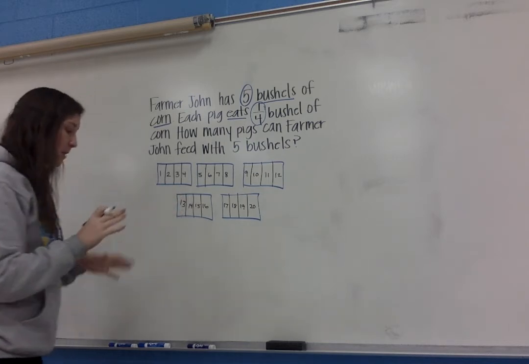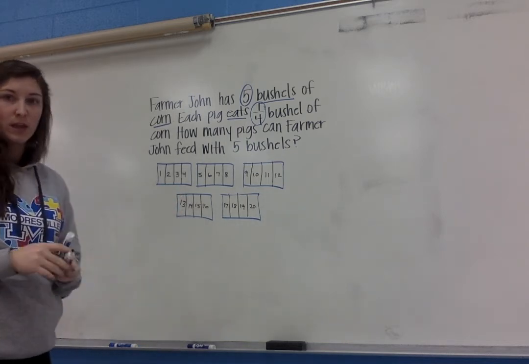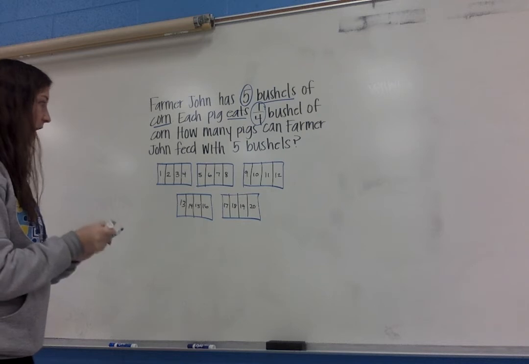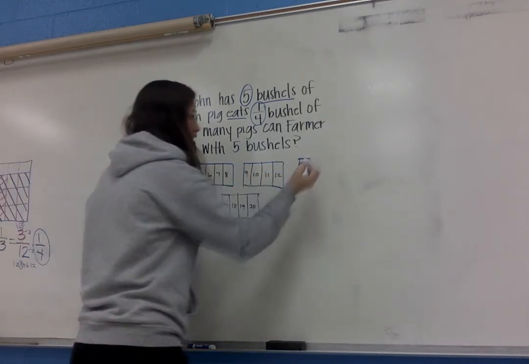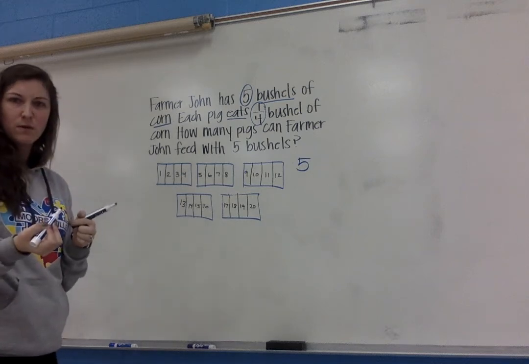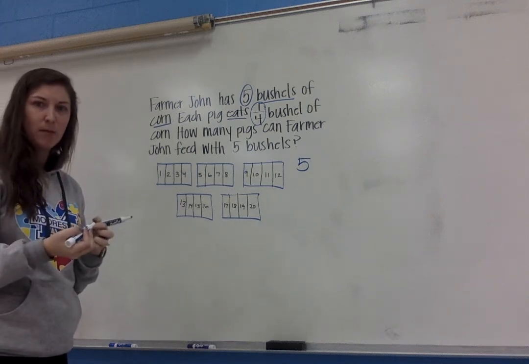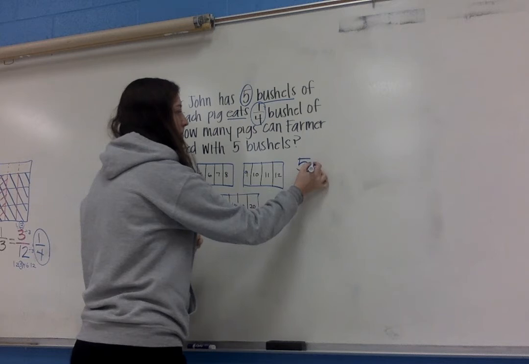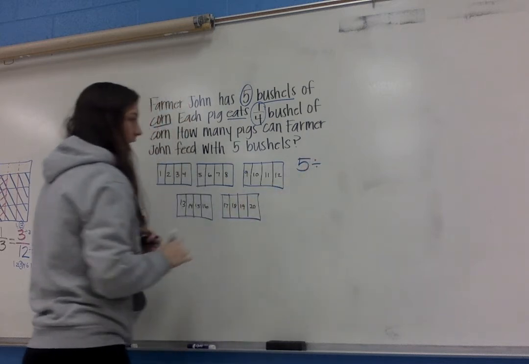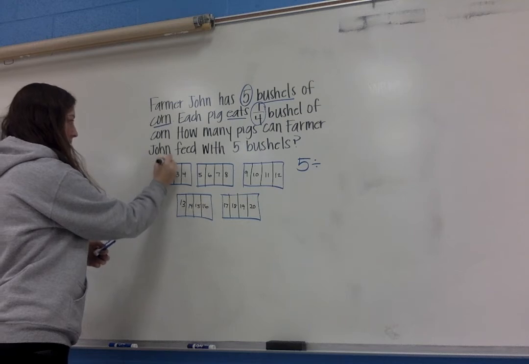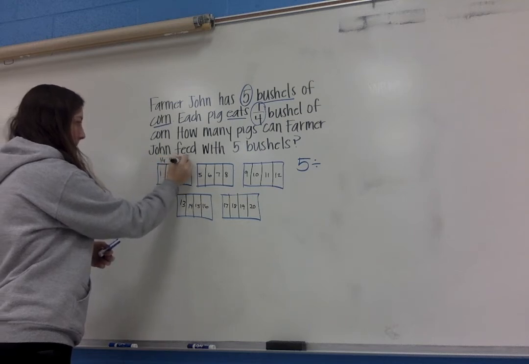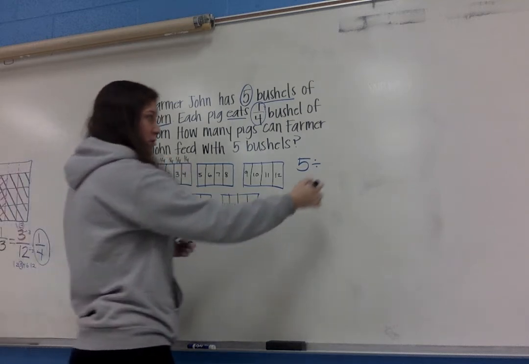So thinking about an equation that would go with this, well, first I took my 5 bushels, and what did I do with those 5 bushels by cutting them up? I divided them into 1/4 sections there.